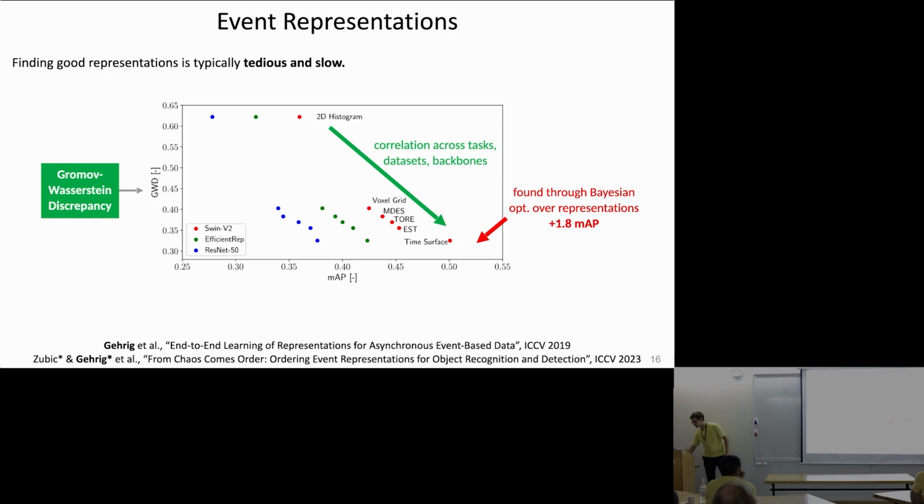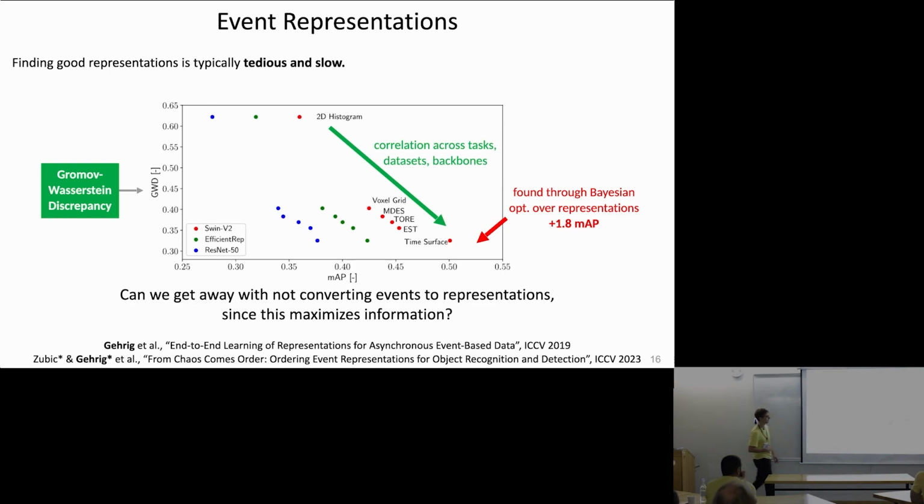And what's interesting is that by, okay, this doesn't work. There should be a star here. By now explicitly optimizing this information, we can find new representations which are even more efficient and even more powerful than the previous ones.